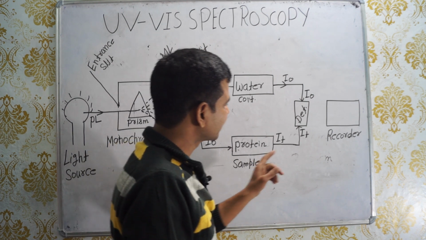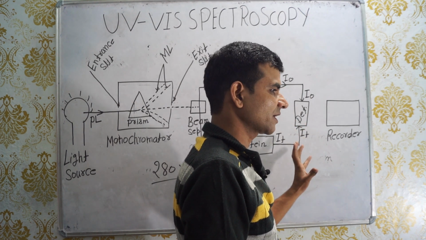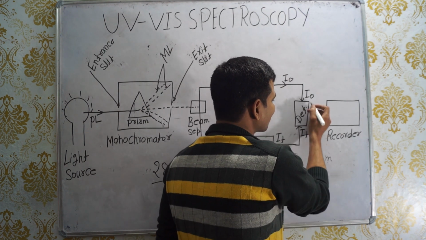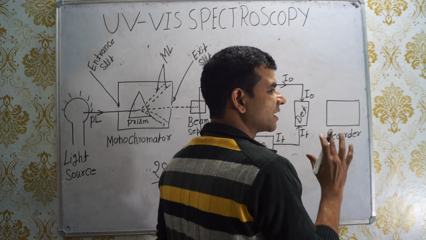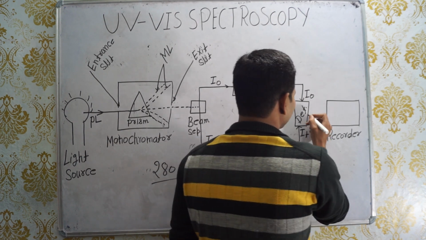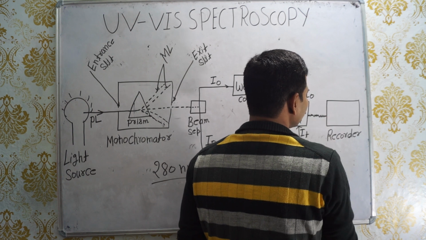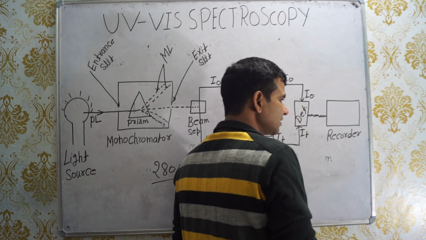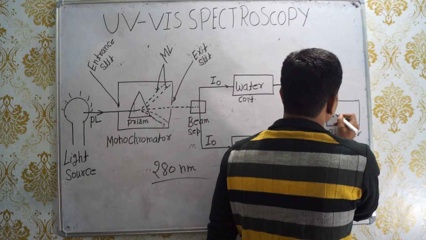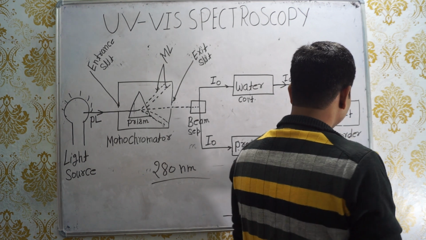In the next step, the detector will convert I naught and IT into electrical signal and will send it to the recorder. Finally the recorder has received I naught and IT in the form of electrical signal.